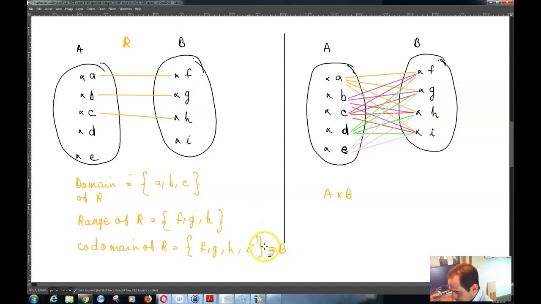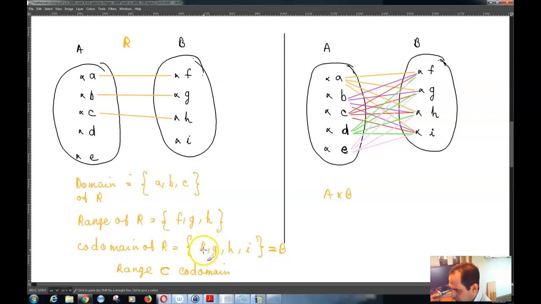And as you can see, the range is a subset of the codomain.